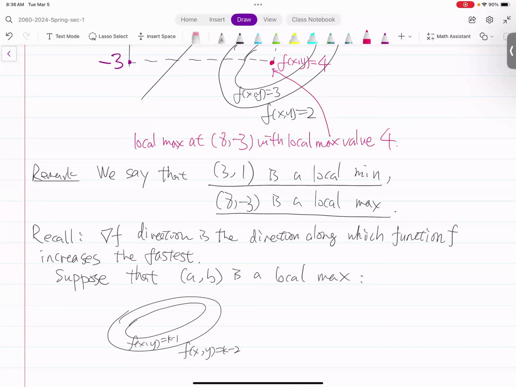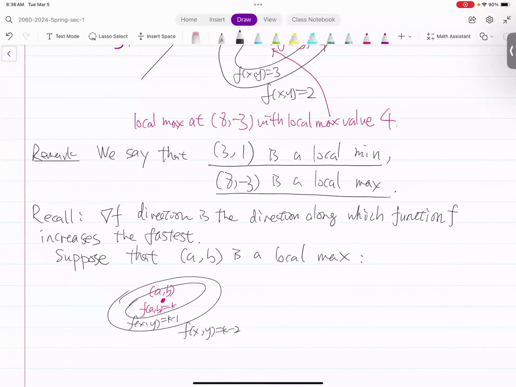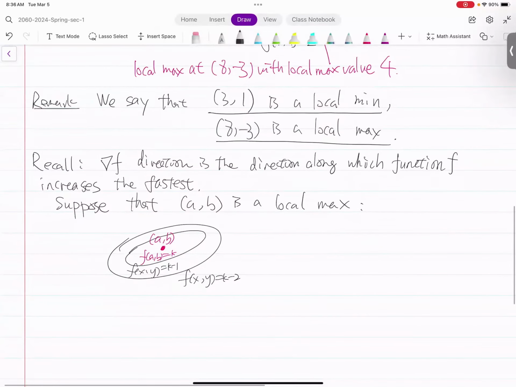But then at this point, we just have the highest output level to be, let's say, f of (a, b) equals k. Okay. So basically, we have a highest point here. So by that logic, we cannot really walk along a certain direction and increase the function value. That tells you that the gradient vector has to be a zero vector.